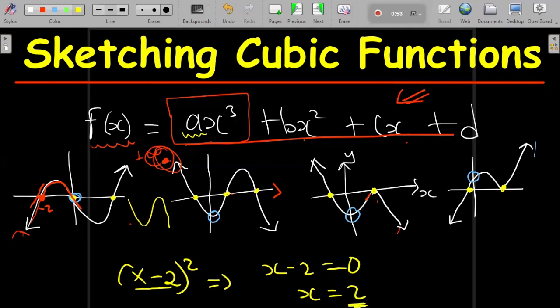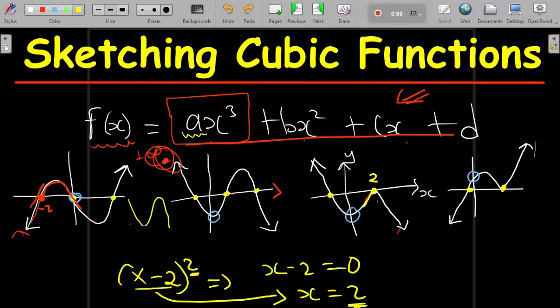So at x equals 2, we can say it is at this point. If you found this x-intercept from a factor that had a square or an even power on it, it means when the curve is coming like that and it reaches this point, it's going to bounce. It's not going to cross like that.